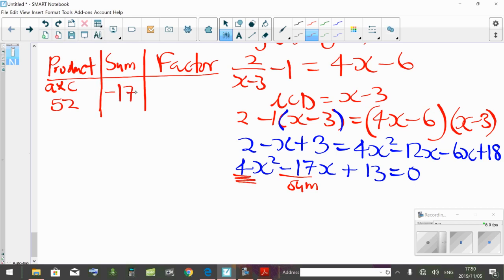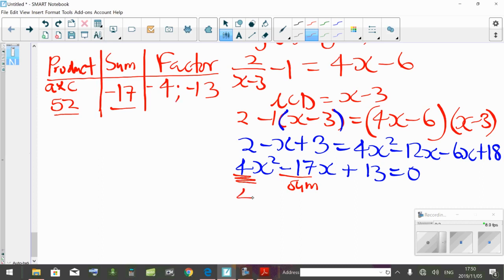And then factor refers to two numbers whose product is 52 and whose sum is negative 17. Just quickly going through my mental maths here, I'm getting 4 and 13. 4 multiplied by 13 does give me 52. But now I want them to give me negative 17. So obviously both of them have to be negative.